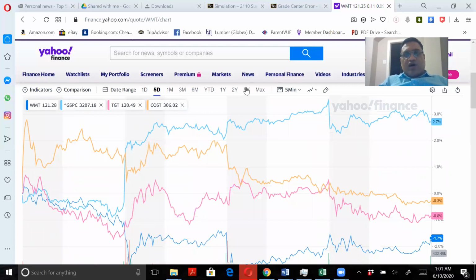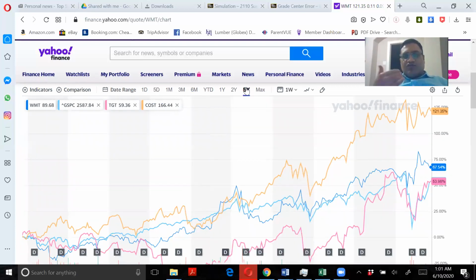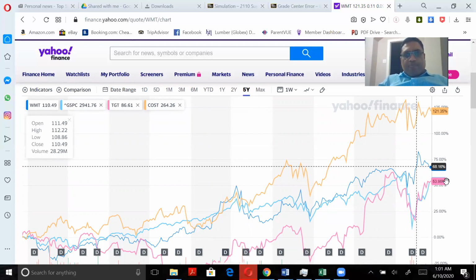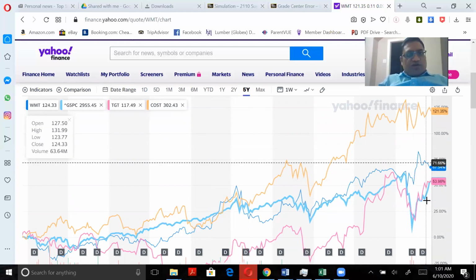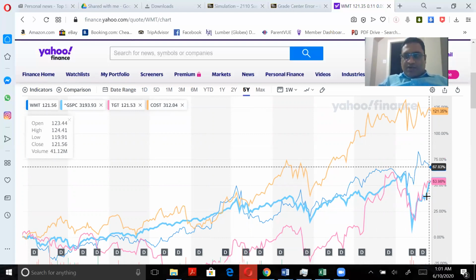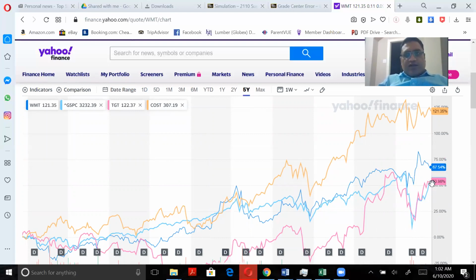Include at least a 5-year chart, okay? At least a 5-year chart, because that kind of gives you a better understanding of what happened throughout a bigger time frame. So as you can see, S&P 500 is this light blue over here, the bottom one. And Target is the pink one. And your Walmart is right here.